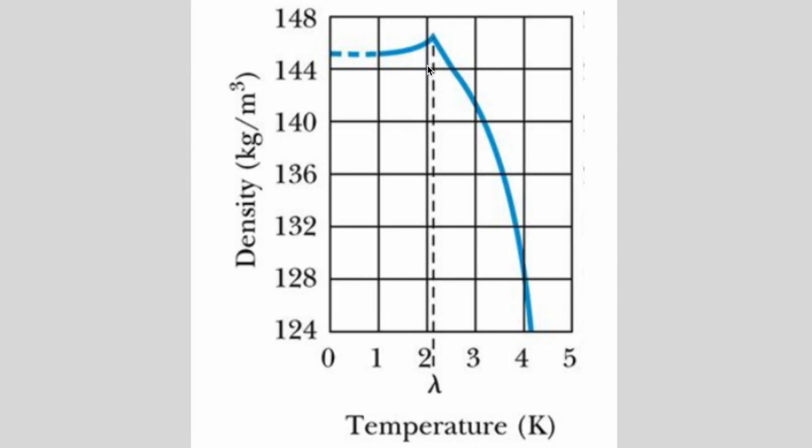Kamerlingh Onnes measured the density of liquid helium at really low temperatures as a function of temperature and had these results. It can be seen that this graph has a peak. From 2.17 Kelvin to 4.2 Kelvin, this liquid is boiling, but from 2.17 Kelvin to 0 Kelvin, the liquid is really calm.